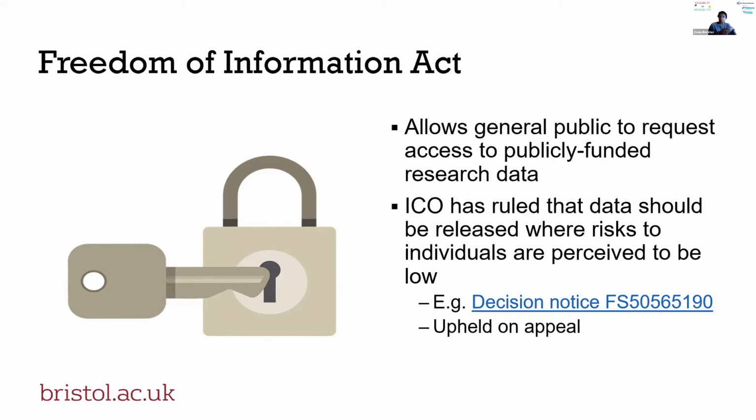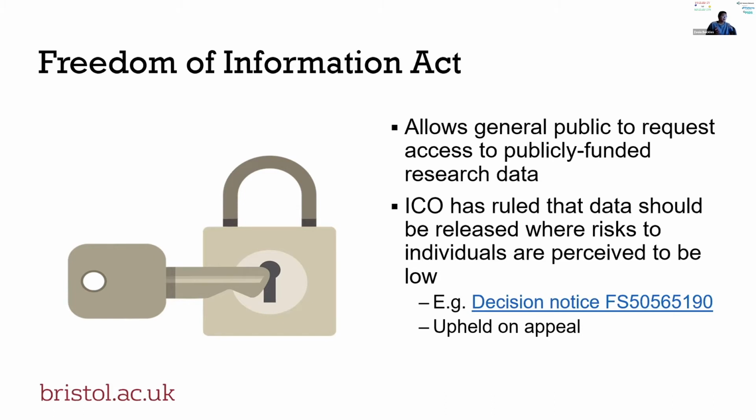So, for example, the decision notice that I've linked to there is a case where Queen Mary University of London faced a request from a patient advocacy group for some data related to the PACE trial, which was about graded exercise therapy in chronic fatigue syndrome.